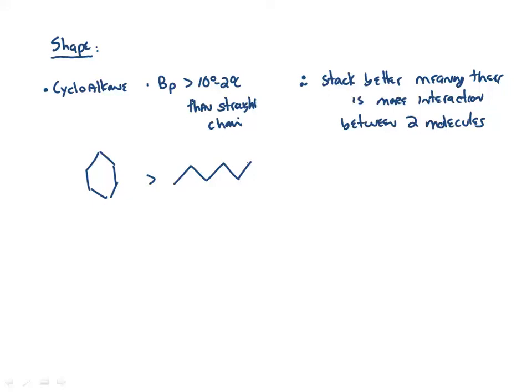The other shape one is that if I have something that's linear, that tends to have a higher boiling point than something that's highly branched.